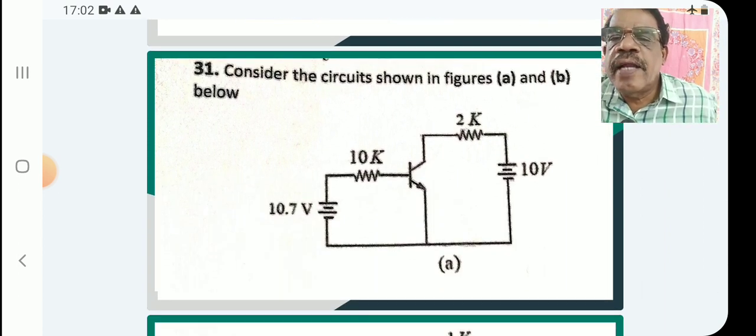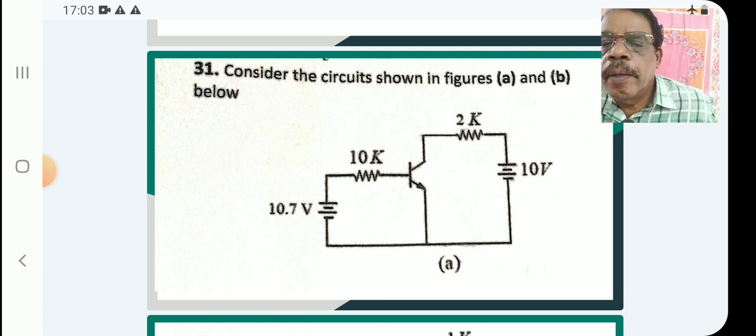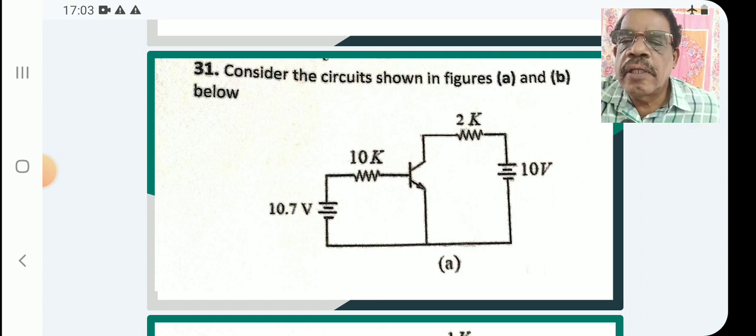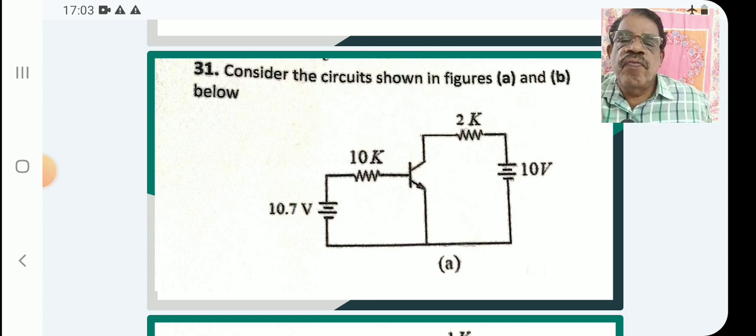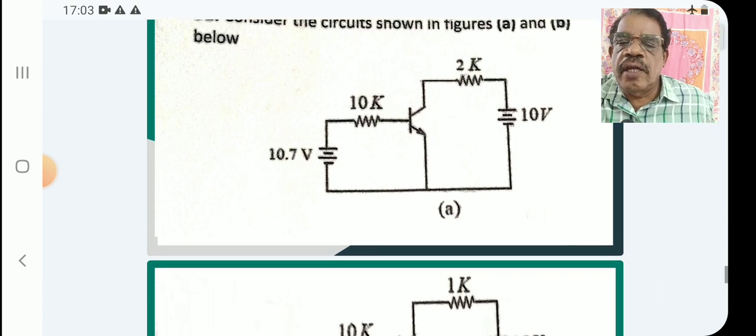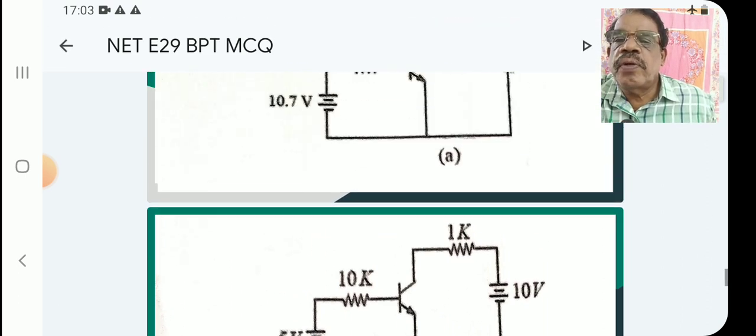Next question. Consider the circuit shown in figures A and B below. This is the first figure. 10.7 is the base battery. Then 10K resistance RB, 2K RC, 10V VCC collector battery. This is another circuit.